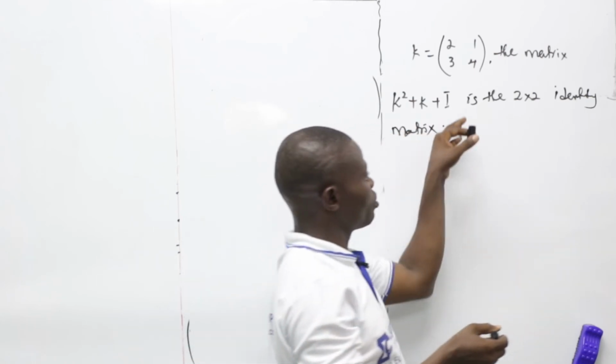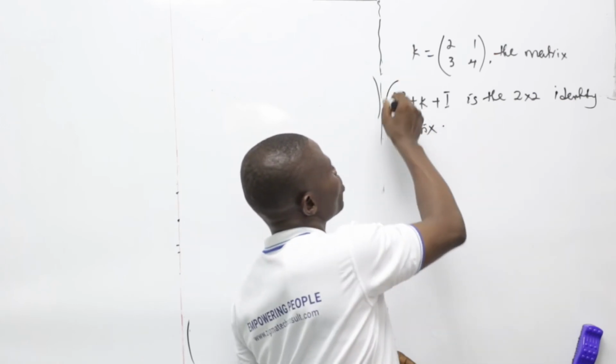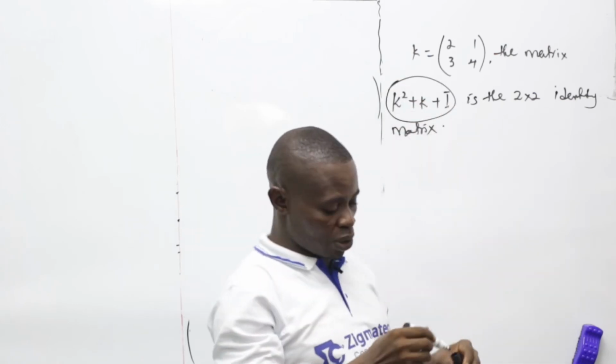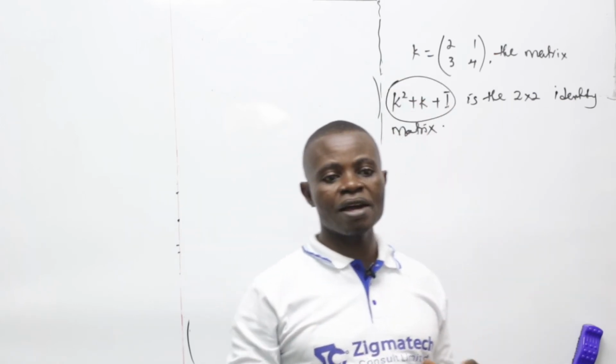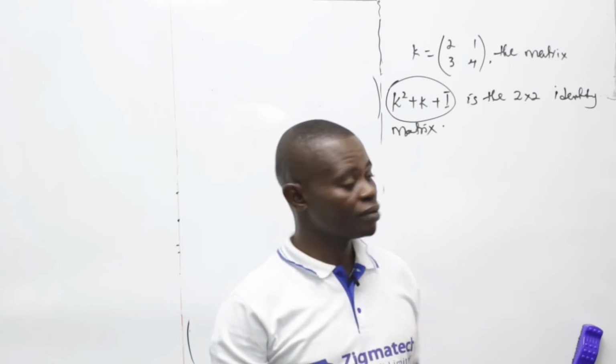So we have to find the value of this, that is K square plus K plus identity matrix. I represents the identity matrix.